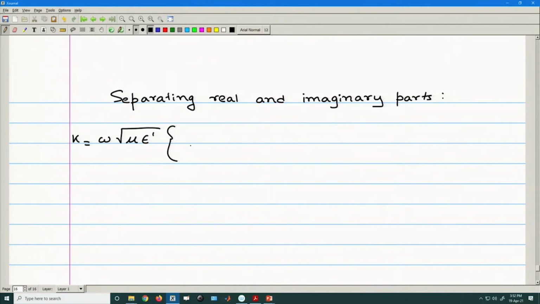So the real part we are having only this 1 plus 1 by 8q square. Okay. And for the imaginary ones we will have again this omega mu epsilon prime.